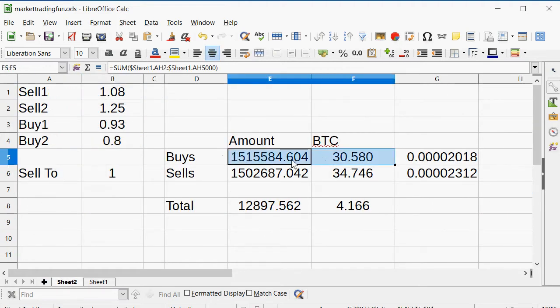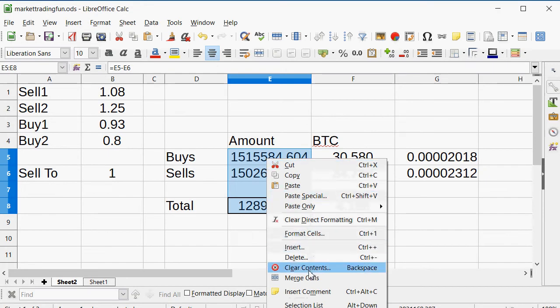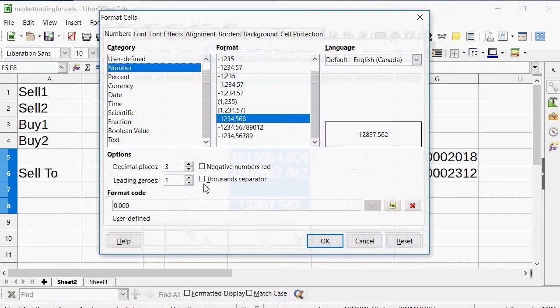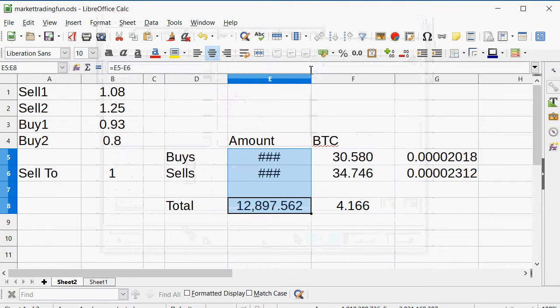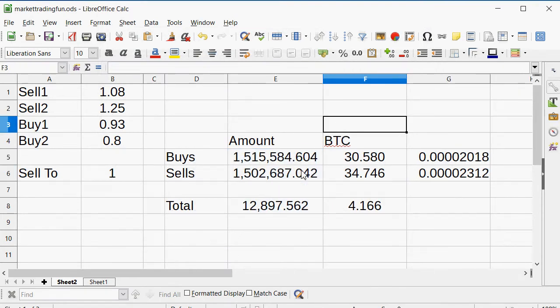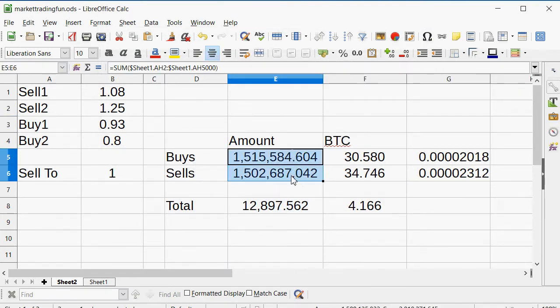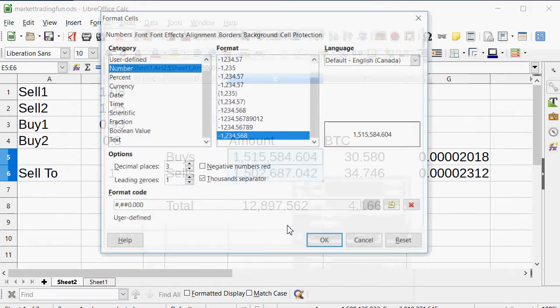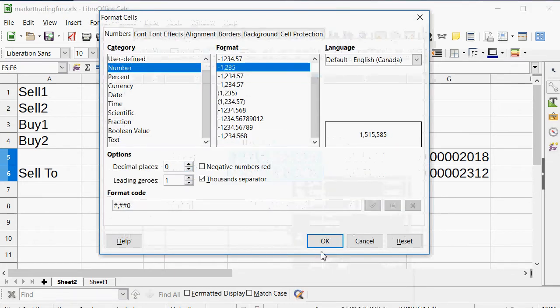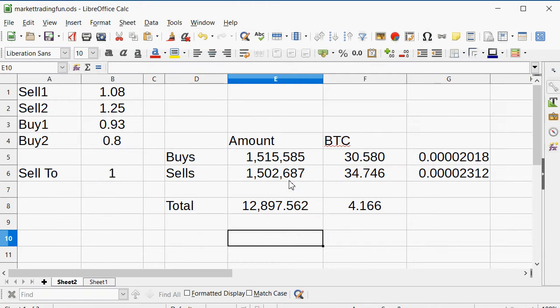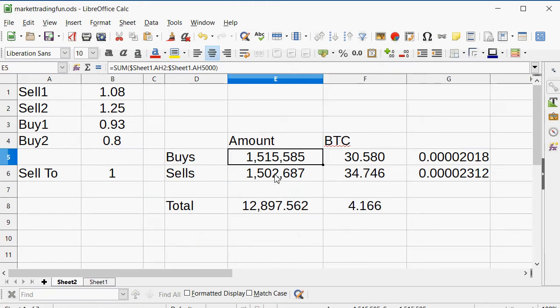Now within such, we can see here that it would have sold. I should put commas in here maybe. Okay, so I sold 1.5 million, or I sold and bought 1.5 million, which means that I would have 12,897 back.